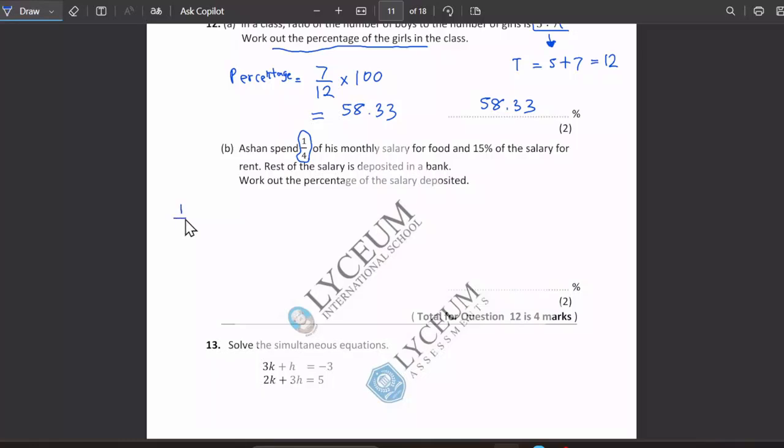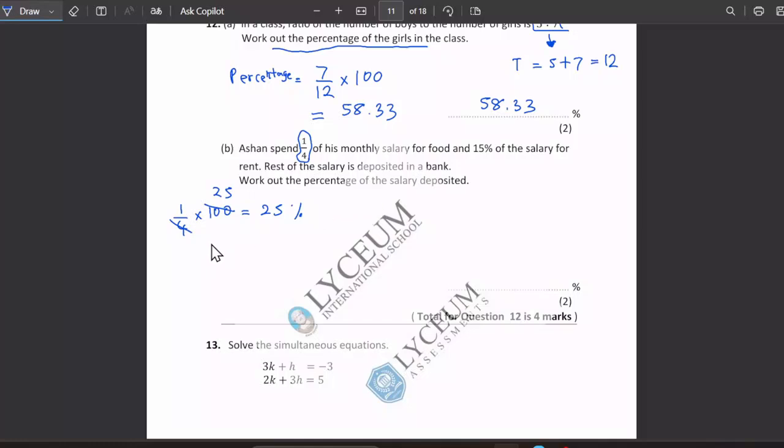So for 1/4, we can find the percentage by multiplying by 100. It's 25%.